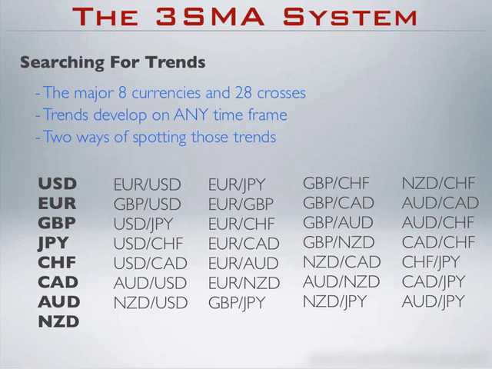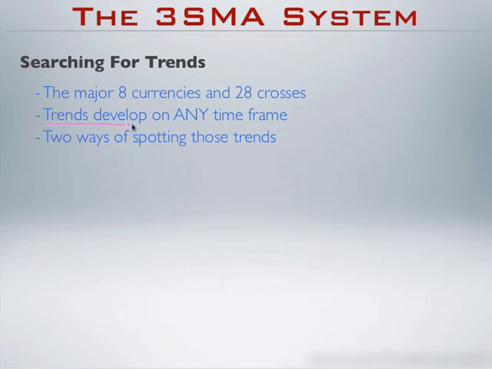Okay, now that's a total of 28 crosses, but the truth is that trends develop on any time frame. You can get solid trends as per the 3SMA conditions on the 5 minutes time frame, on the hourly time frame, on the 4 hours time frame, on the daily, on the monthly time frame. It doesn't matter. You can get those 3 simple moving averages in order, parallel to each other, no crossover, etc., on any time frame.